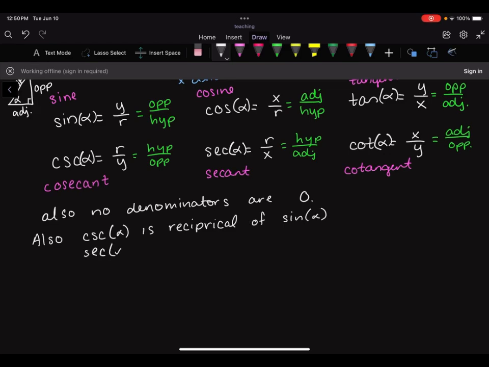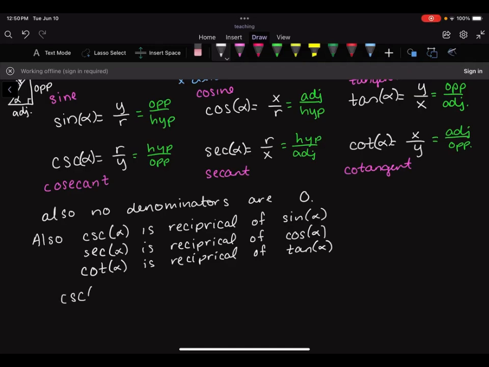Secant is the reciprocal of cosine, and then cotangent is the reciprocal of tangent. So we're going to see some other relationships form.